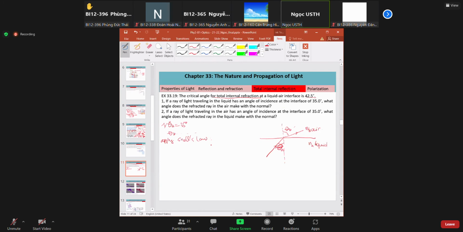Okay. Then the sine of theta A multiplied by NA will equal NB sine theta B. And they ask you about the angle B, of the refracted angle, right, with the normal.